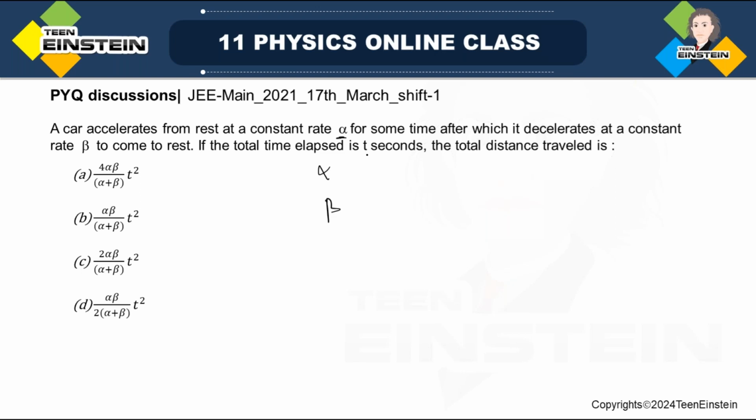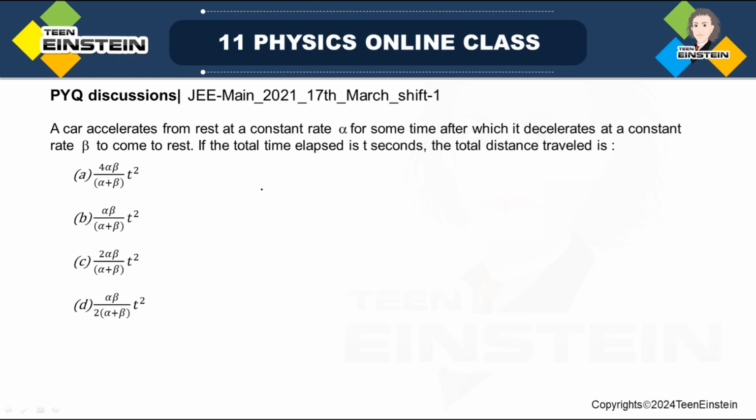That means acceleration is given and deceleration is given. If the total time elapsed is t seconds, the total distance traveled is what out of these four options? This is a very good question actually.